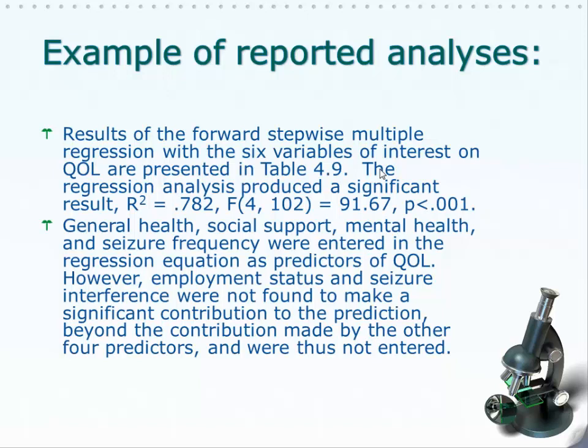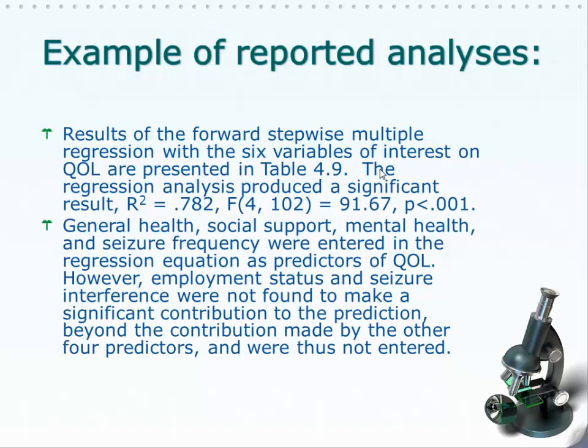So we had measures for all of those things. We also had how often a person had a seizure, seizure frequency. And then we also had employment, and how much the person's seizures were interfering with their daily life. So we had 6 variables, and we wanted to see how well they predicted quality of life and which predicted more importantly.